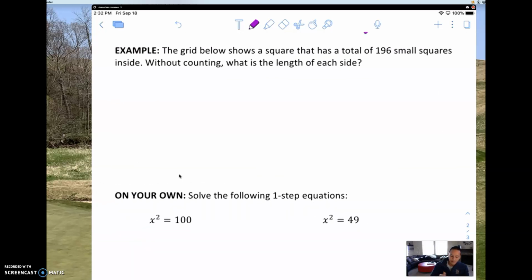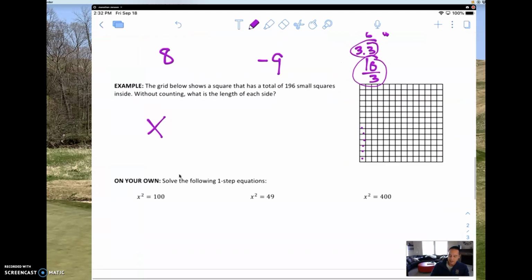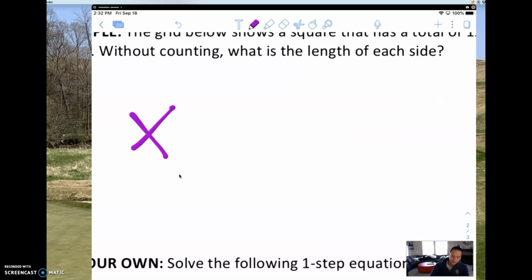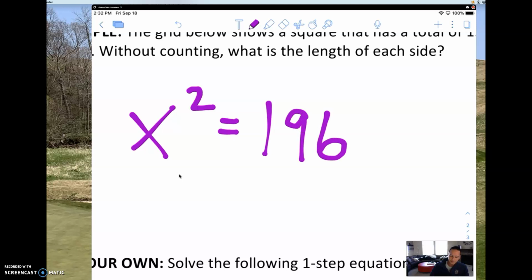So we have the length of a side is x, and to find the area, it's just taking this length of x times this length, which is also x because it's a square. So x times x becomes x squared, which gives you the total area, which is 196.